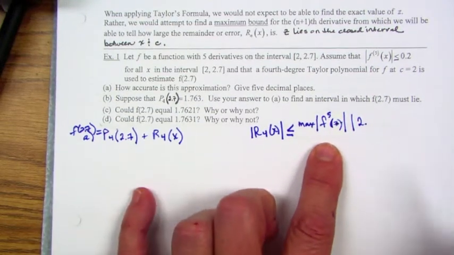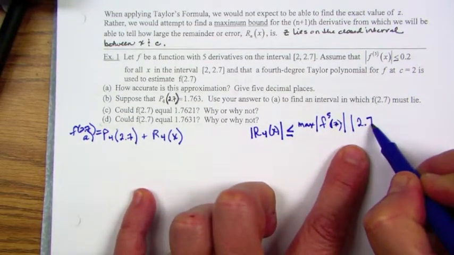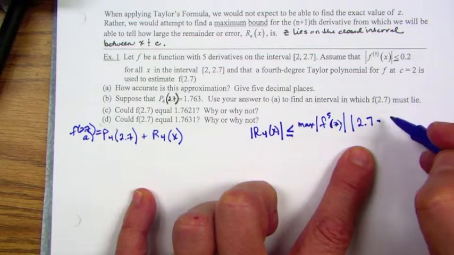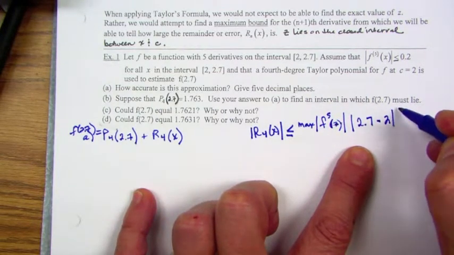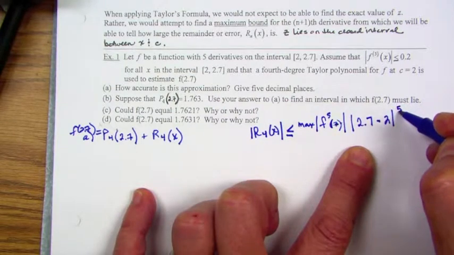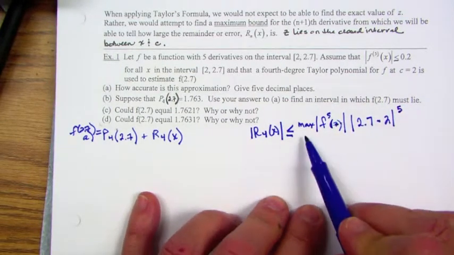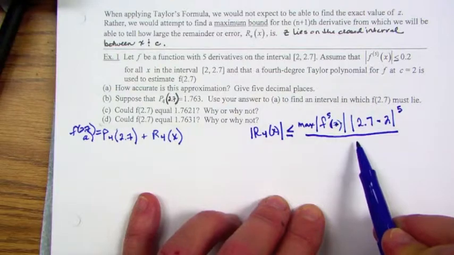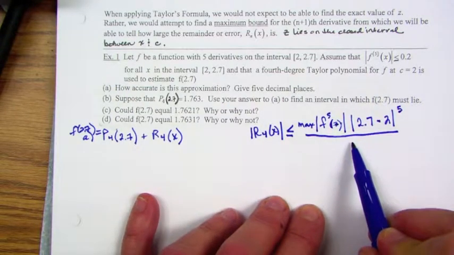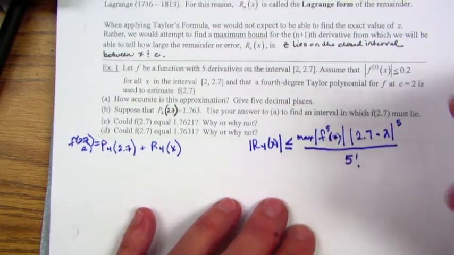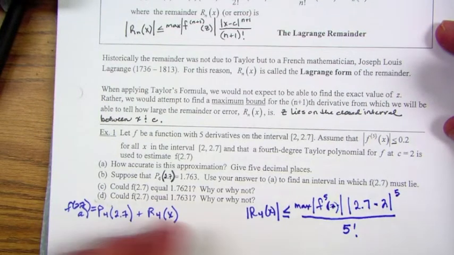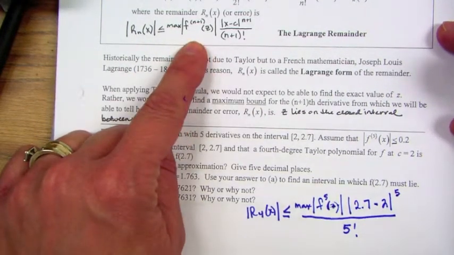Times 2.7 minus 2 to the 5th power all over 5 factorial. Okay, not enough of you are answering. This is what we're using.